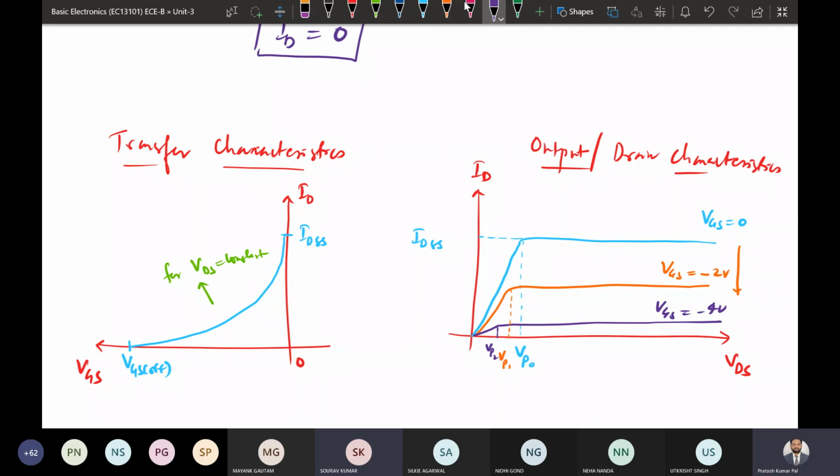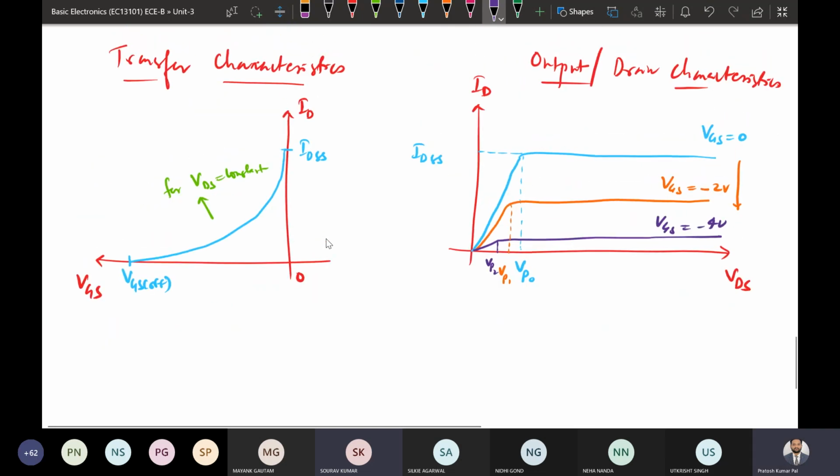So this is your output or drain characteristics, and this is your transfer characteristics if the depletion type N MOSFET is going to operate in depletion mode. I hope everyone has got the point. If you have any query, you can ask. Otherwise, we will be going forward.